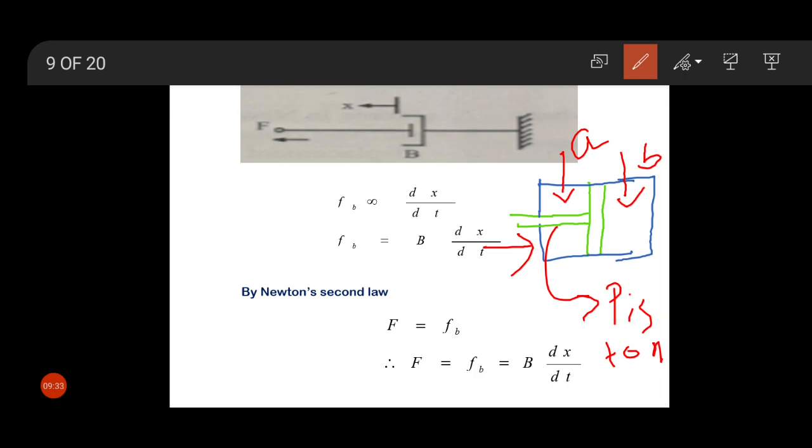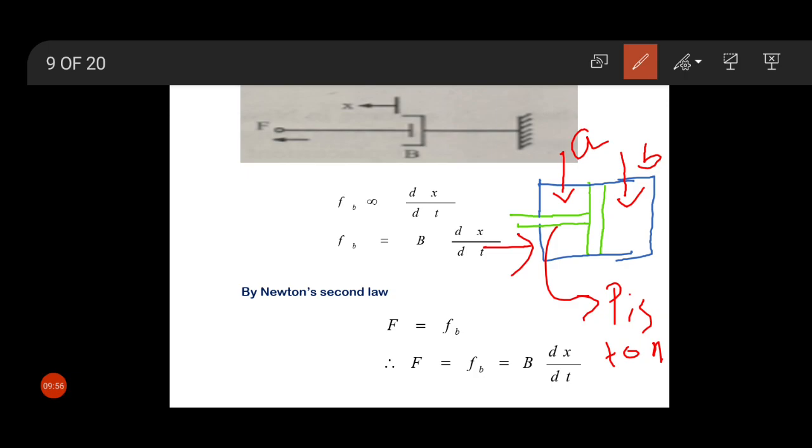This will increase the pressure on side B, indicated by the red arrow, and will decrease the pressure on side A. As a result, the fluid flows around the piston from side B to side A.